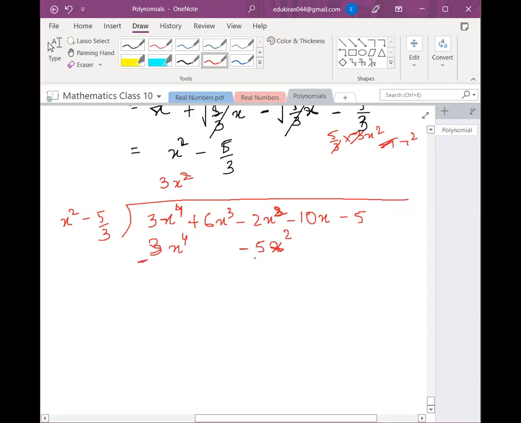Okay, now change the sign. So minus and this will become plus. So 0 and the cube term, 6x cube, and now plus 5 minus 2, so plus 3x squared, minus 10x and minus 5.